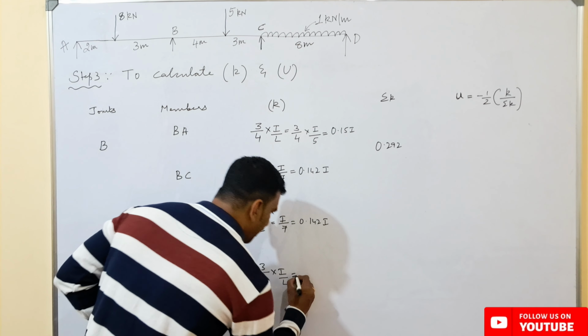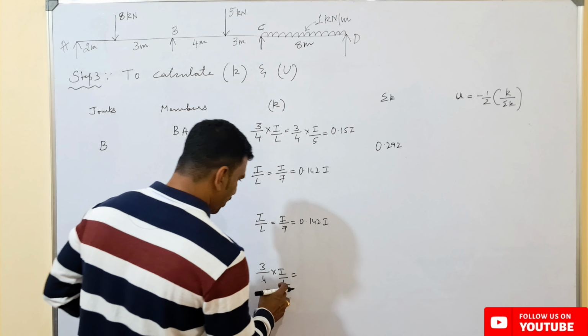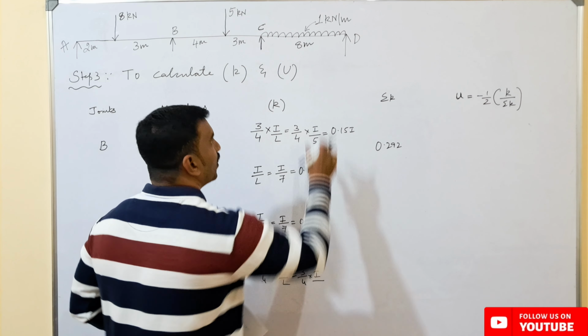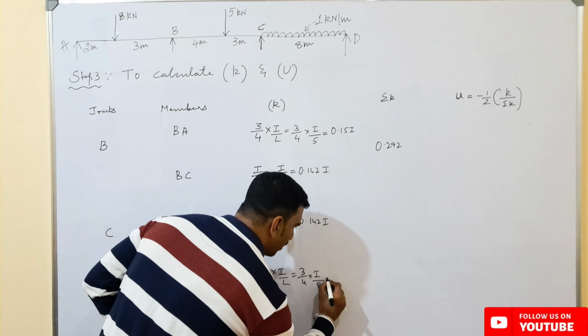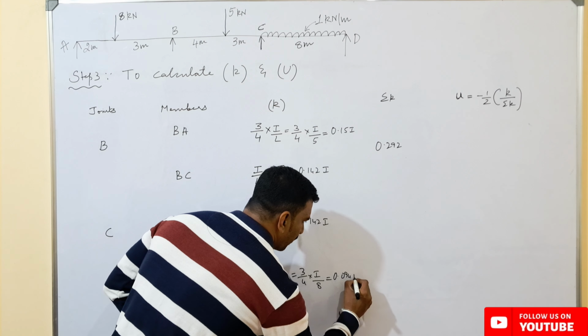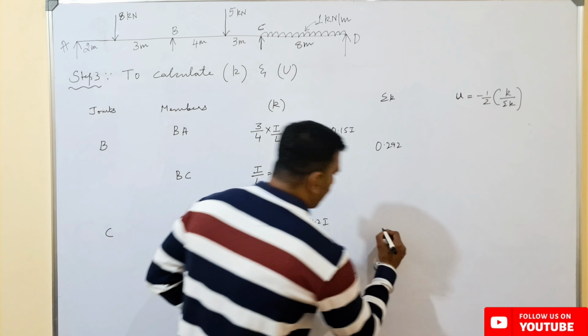This will be equal to 3 by 4 into I upon the total length, here 8 meters, which is 0.094 I.